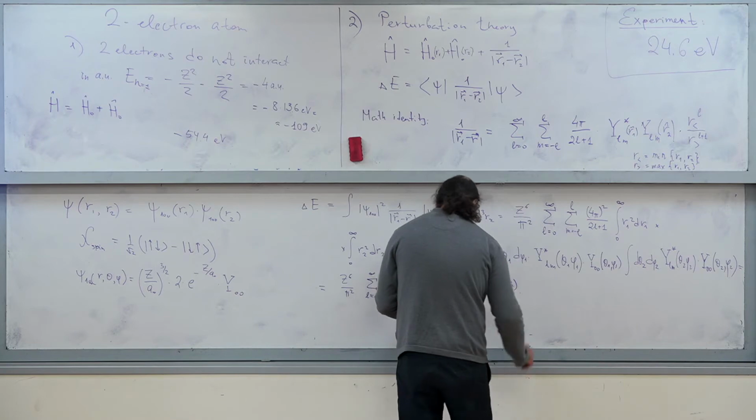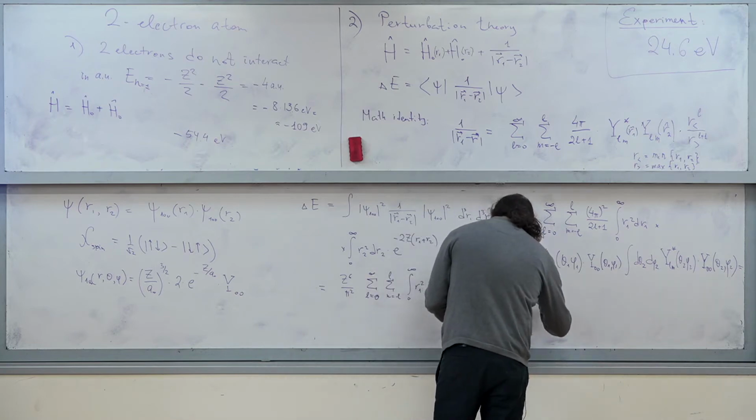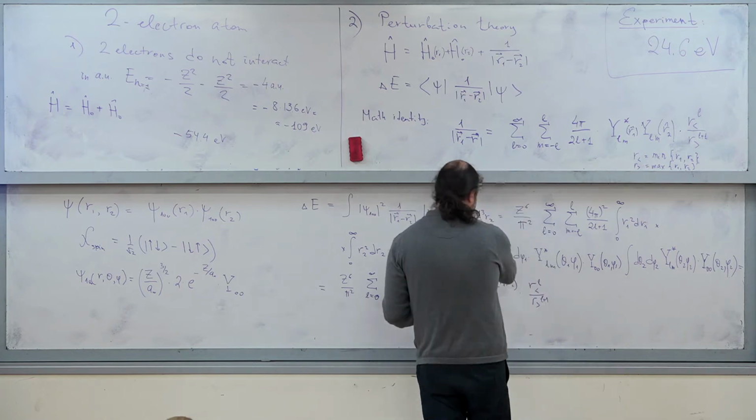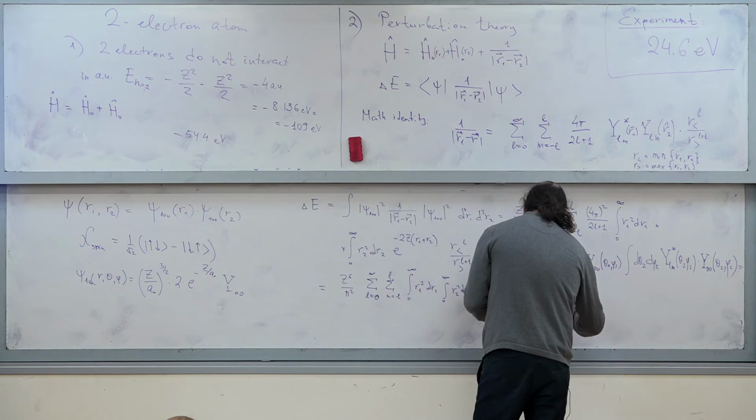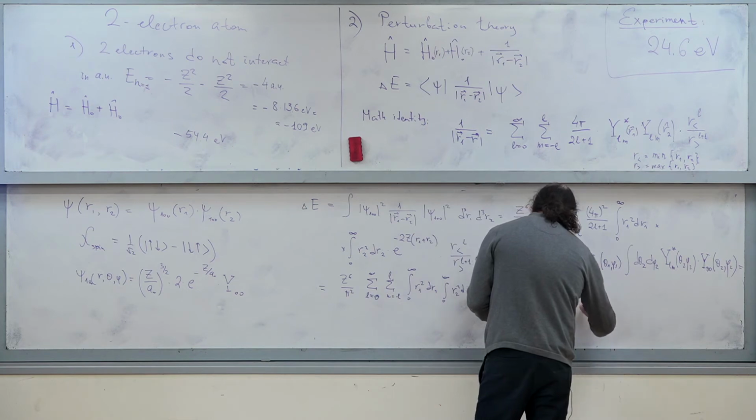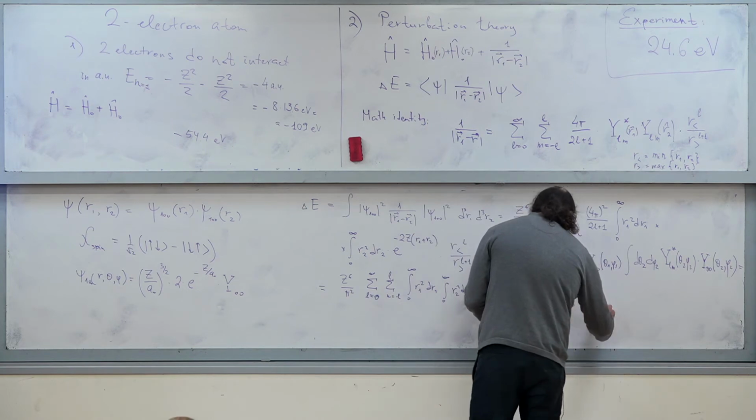Here I have the multiplication of R small to the power of L over R large to the power of L plus 1. But this angular integral will give us the delta function of L0 and the delta function of M0.